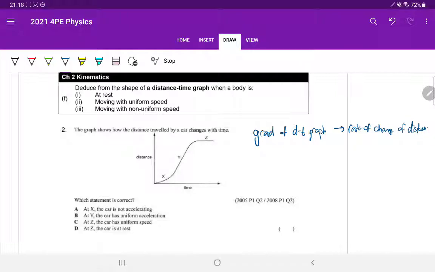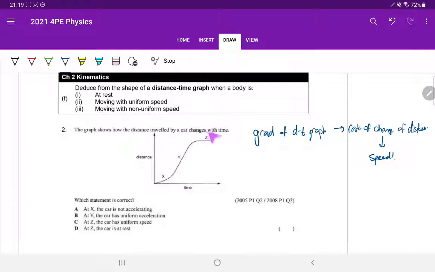And as you would have seen in the previous video, or would have already known if you got the question correct, rate of change of distance is simply known as the speed, right? Another way of looking at it is a gradient measures how fast a quantity is changing. So a gradient is the slope, the steepness of a slope. It measures how fast distance is changing over time, which is also speed. Okay, so this is what you need to know, that the gradient represents speed.